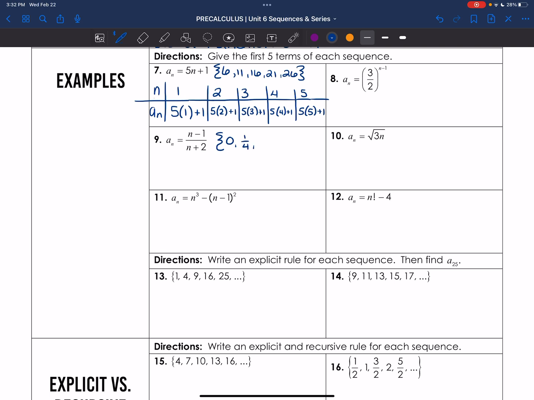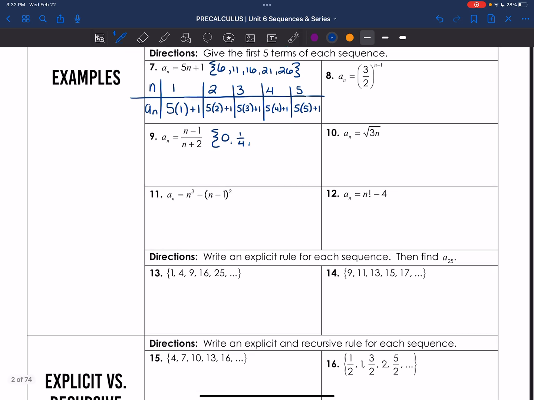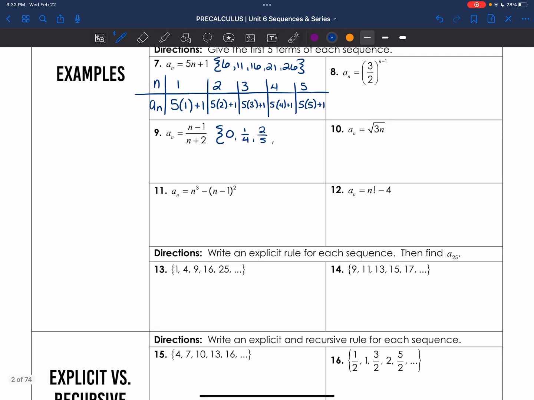Then when you plug in your 3, that's going to be a 2 over 5. Your fourth position, that's going to be a 3 over 6, which simplifies to 1/2. And last but not least, our fifth position, that's going to be a 4 over 7, which cannot be simplified anymore.